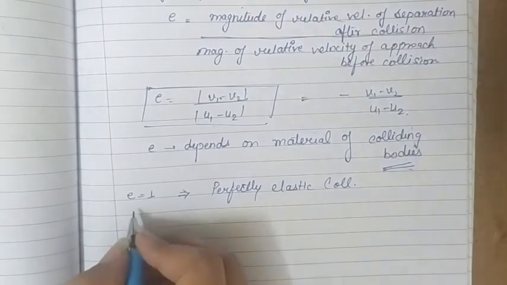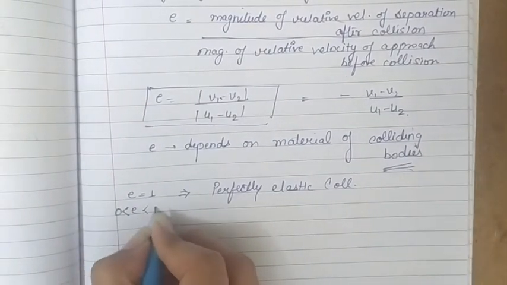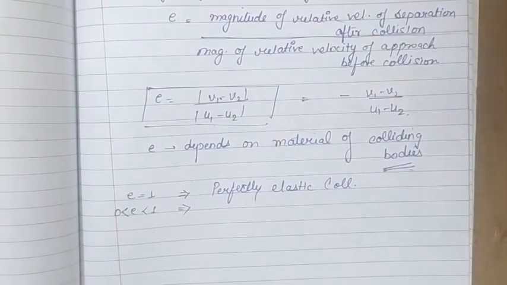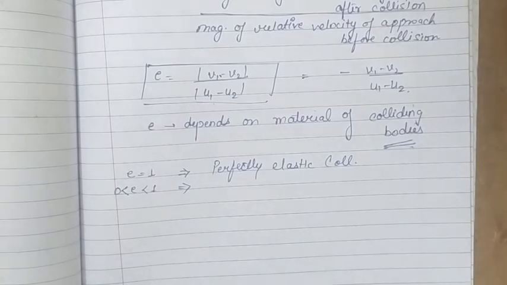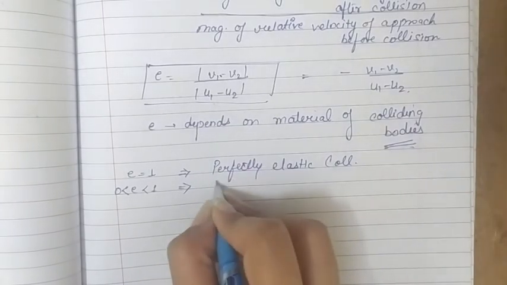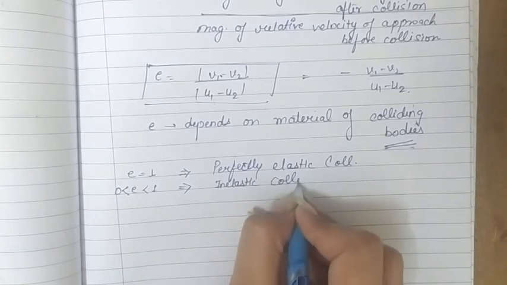Now if the value of e lies between 0 and 1, in that case the collision we have is inelastic collision, because the relative velocity of separation is less than the relative velocity of approach.